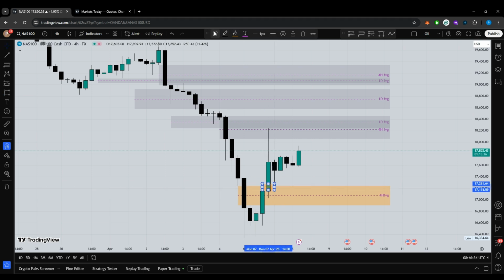That's in gray. Value gap. And from here to here. Okay.